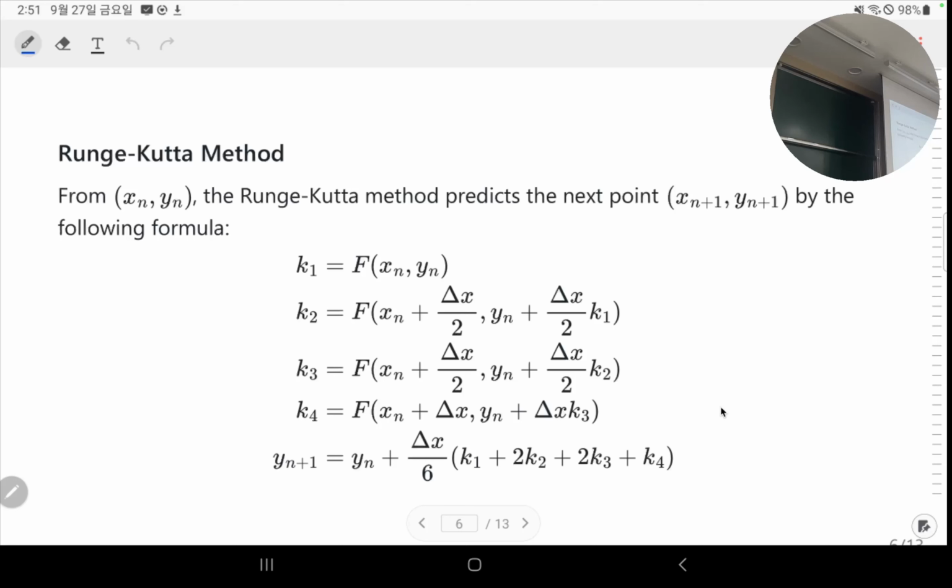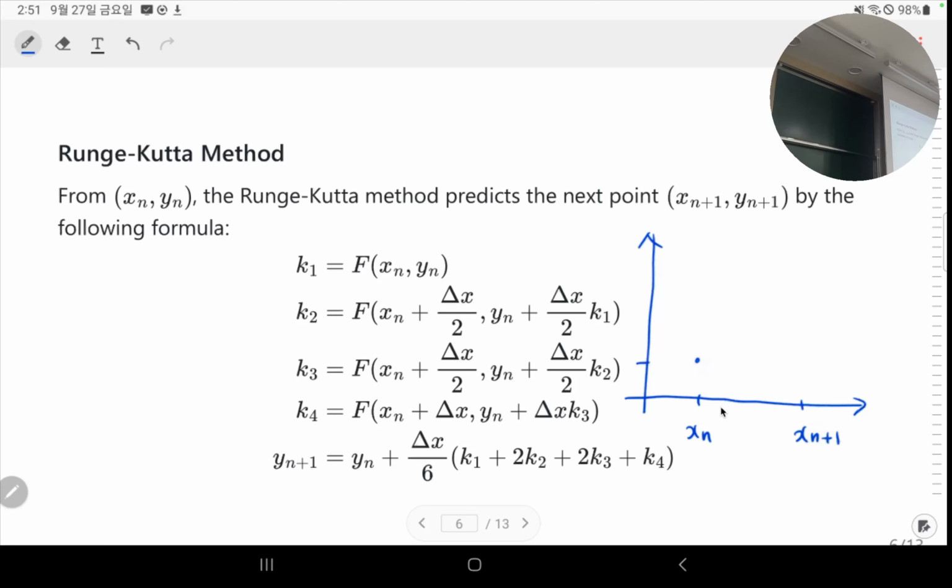So let's assume that I am at the nth step, the nth point, starting from the 0th point. How do I estimate the (n+1)th point from there? I'm going to draw a big picture here. This is my xn, and this is my xn plus 1.